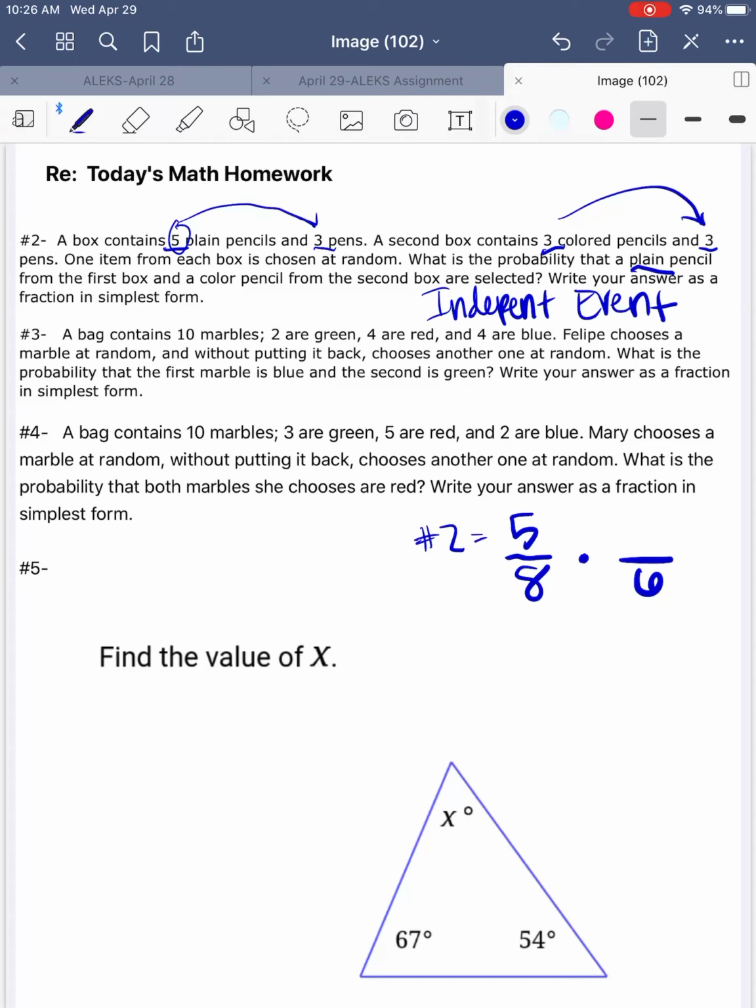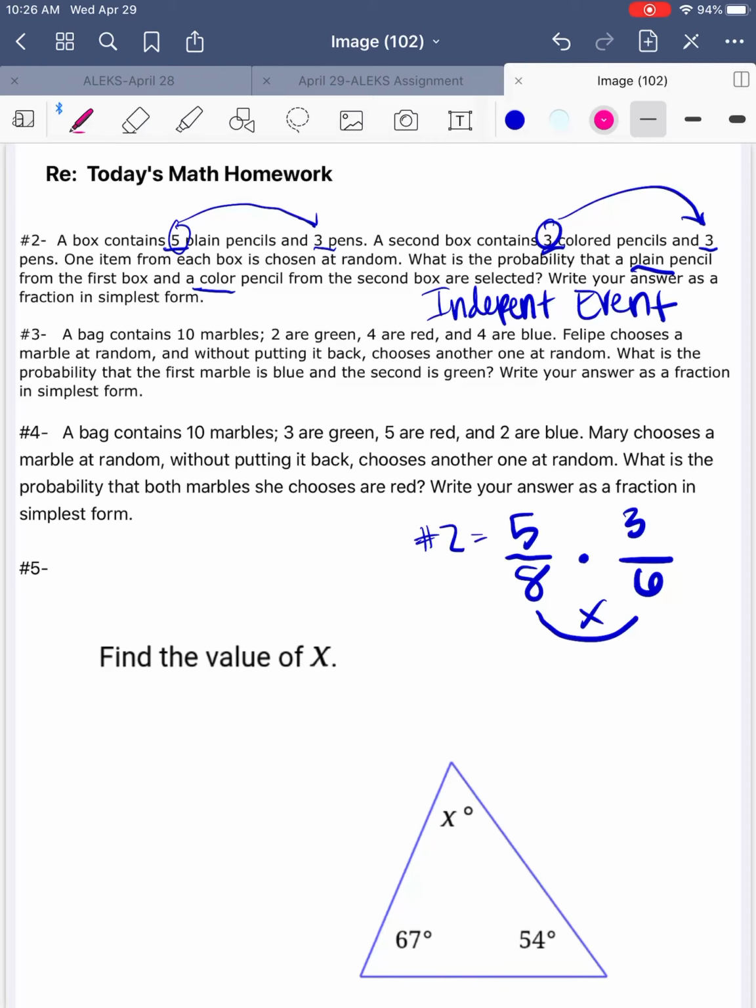And then what is the probability that a plain pencil from the first box and a colored pencil from the second box? There's 3 colored pencils in the second box, so the probability of pulling a colored pencil out of the second box is 3/6. When they're independent events, you just multiply these together.